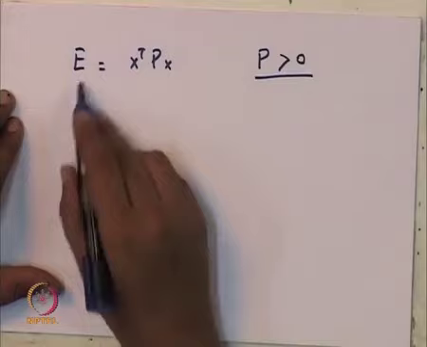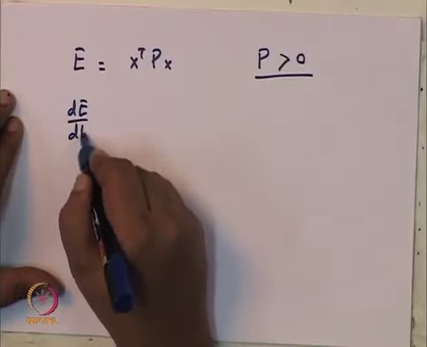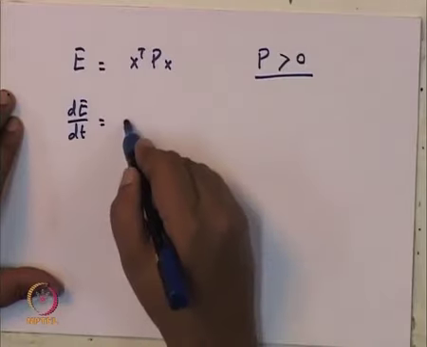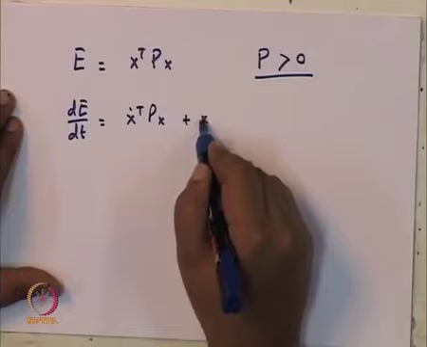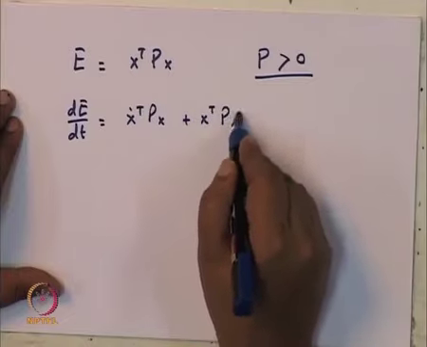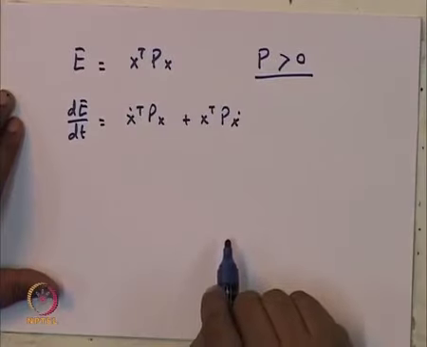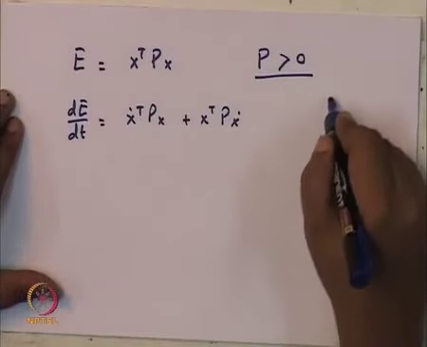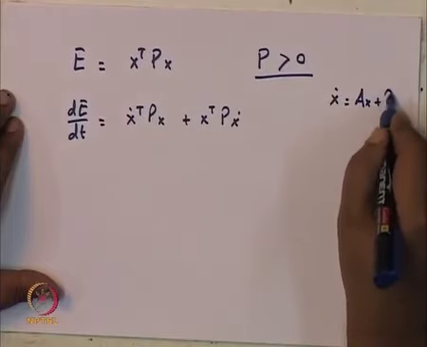So, now if you have the storage function and you look at dE dt, dE dt is equal to x dot transpose P x plus x transpose P x dot. For x dot you substitute A x plus B u, because you have the state equation saying x dot is A x plus B u.